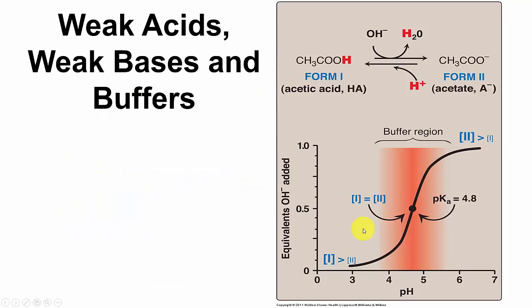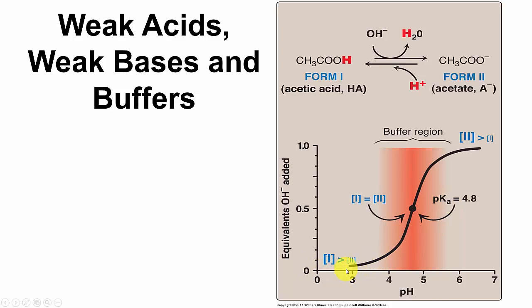We have a weak acid, acetic acid, ionizing to acetate here. A hydroxyl group comes in, takes off a proton there, and that proton goes out and combines with the hydroxyl group to form water. And so the red region is the highest buffering capacity.